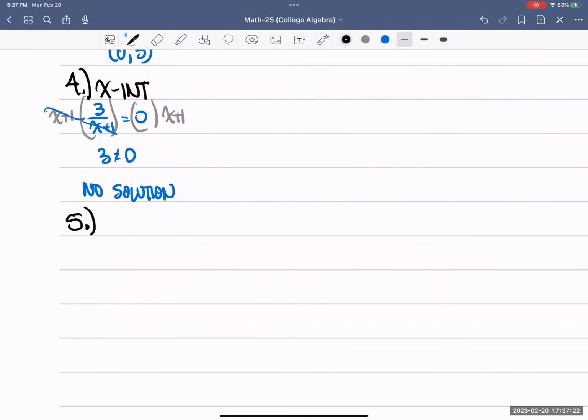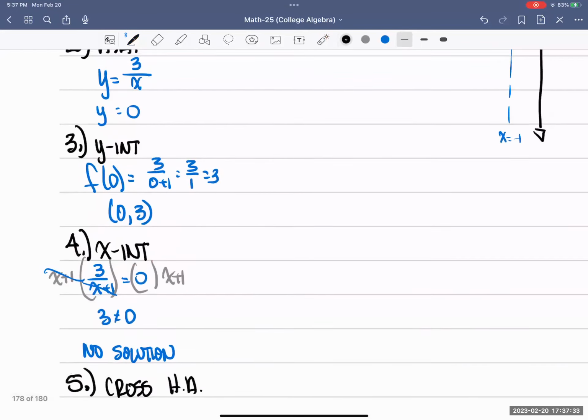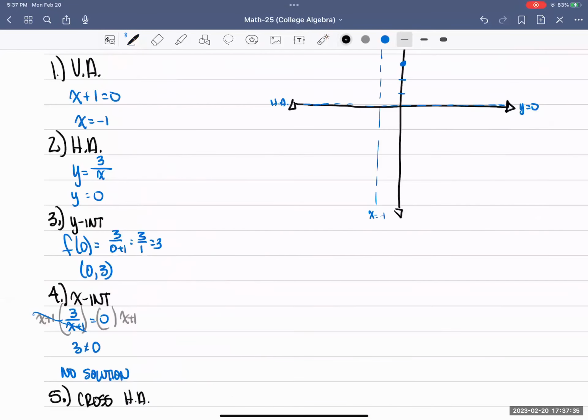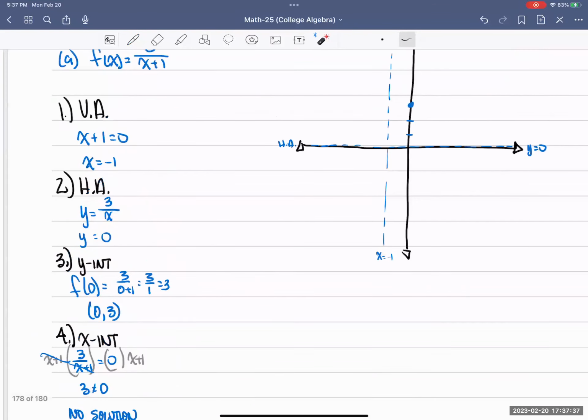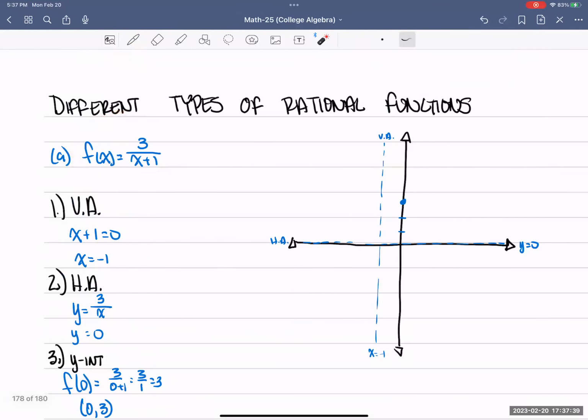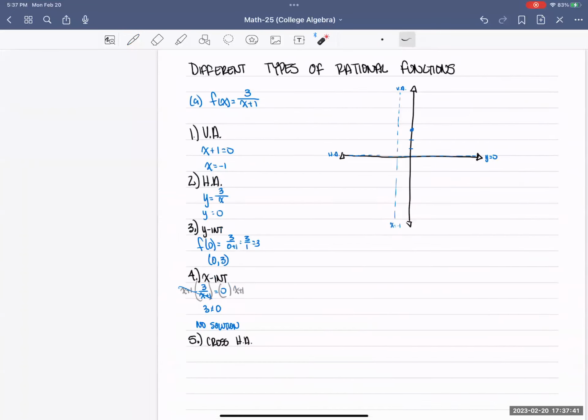Number 5 is, does it cross our horizontal asymptote? What we're going to do is grab our horizontal asymptote and set it equal to our function.